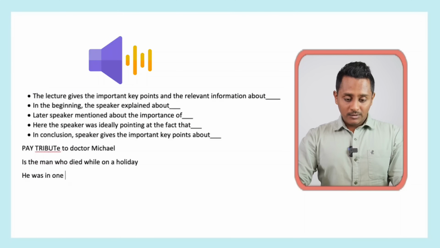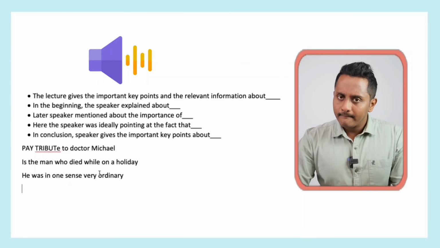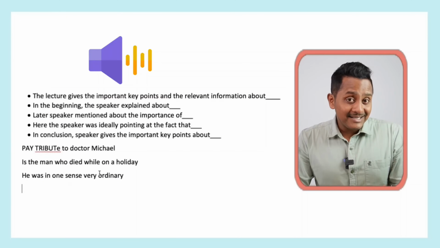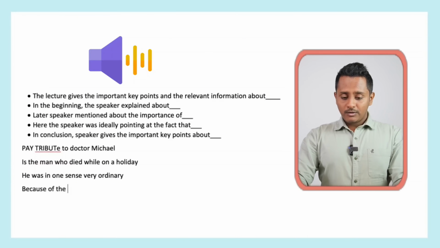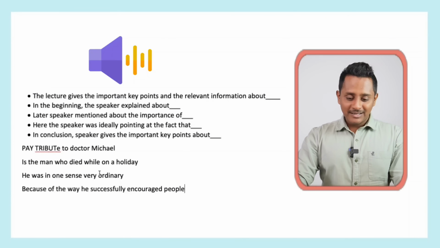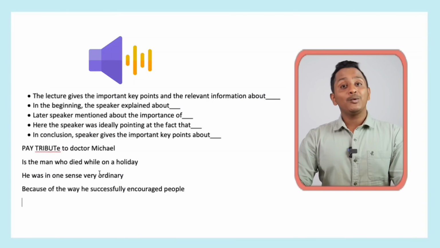Who really make a huge difference in the world. And certainly for many people in the UK, Dr. Michael Mosley is important and influential because of the way that he successfully encouraged people to make lifestyle changes, to make people in the UK healthier.